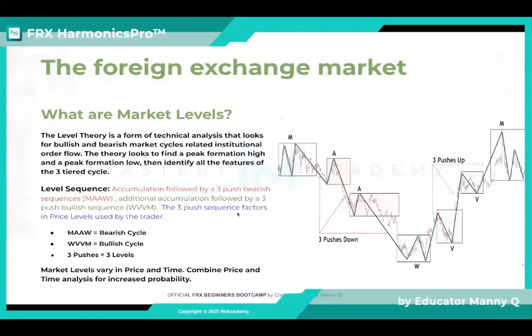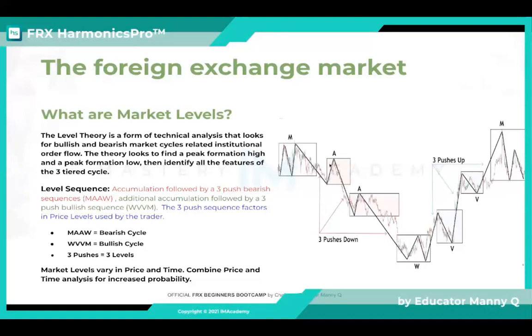The 3 push sequence factors in price levels used by the traders, okay? When people are trading in the market, they will use these levels basically, right? So you'll see there is level 1, level 2, level 3. If there's an M, it pushes it to 3 levels, AAW. And then if it's a bullish cycle, the 3 levels, it starts at the W and then it goes VVM. All right. So those are the 3 levels up, and then these will be the 3 levels down.